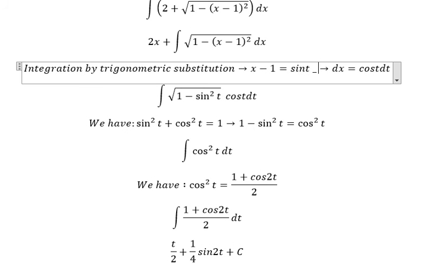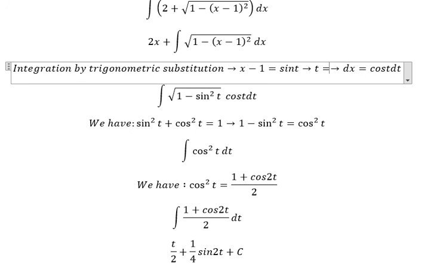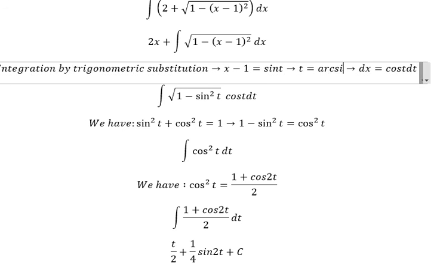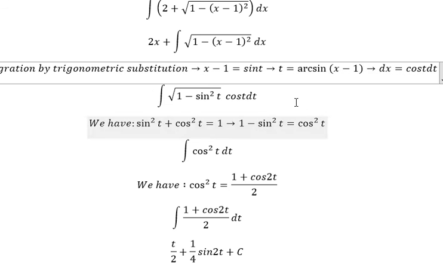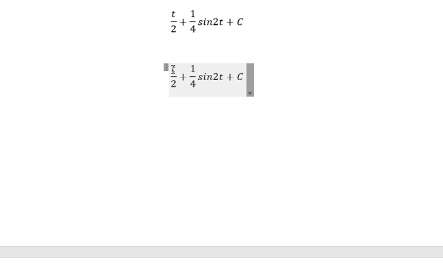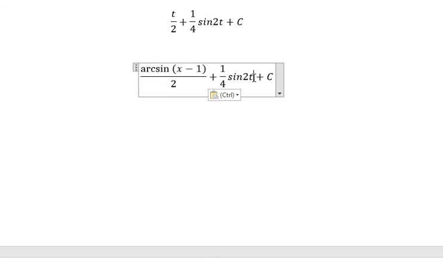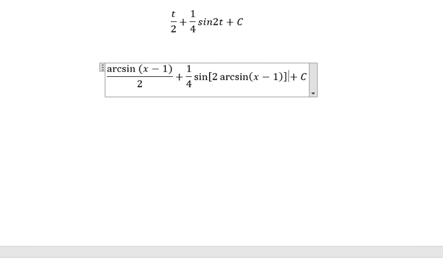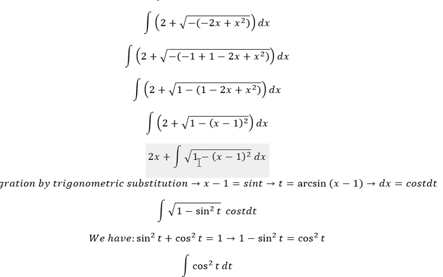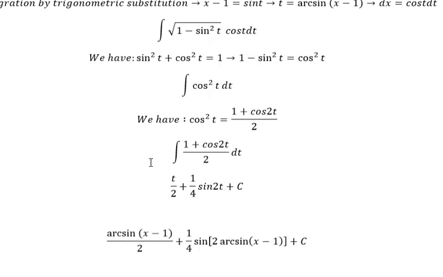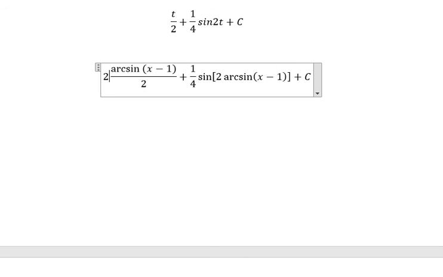So we got about t equal to arcsine of x minus 1. We put this one in here and here. Later that we combine 2x in here.